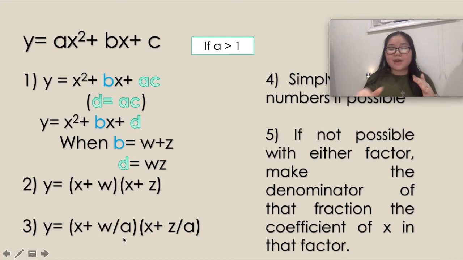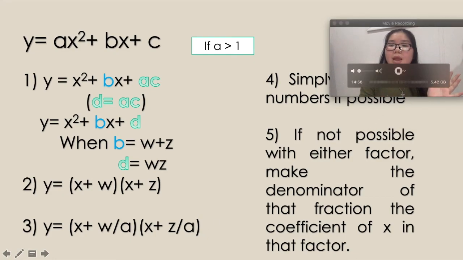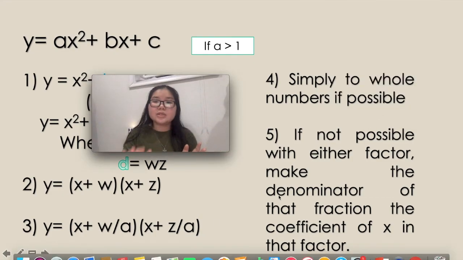So you divide this one and this one by a. The fourth step is simply to simplify to whole numbers if possible. This is step number 5. If not possible with either factor, make the denominator of that fraction the coefficient of x in that factor. So you just need to multiply the a back, and that's it.